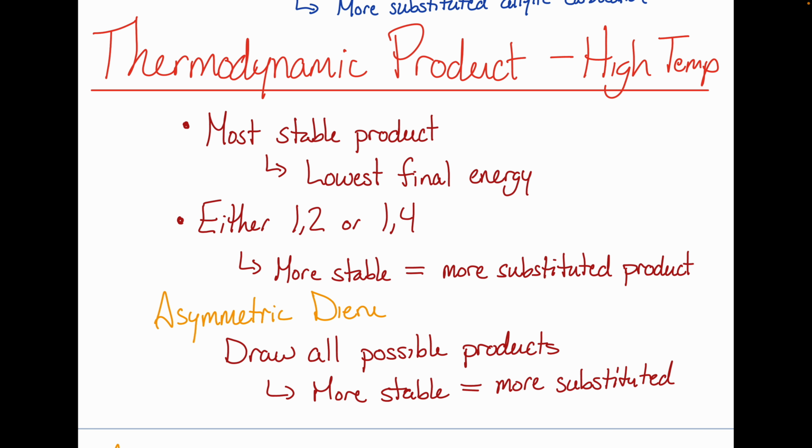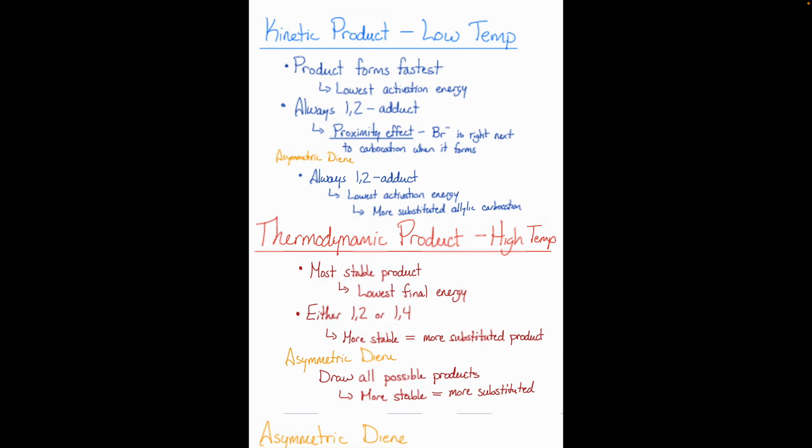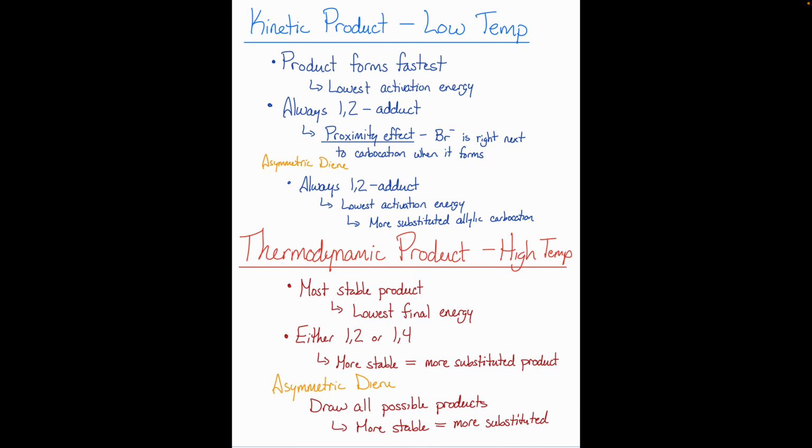All right, so since at high temperatures this thing gets to sample all possibilities, we got to draw all 4 of our possible products to figure out what is going to be our major product at high temperatures.